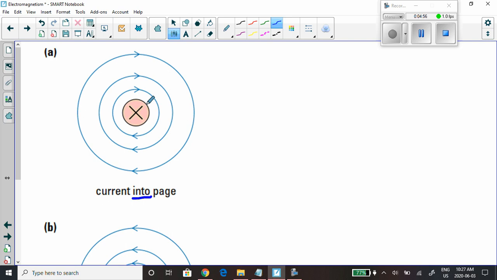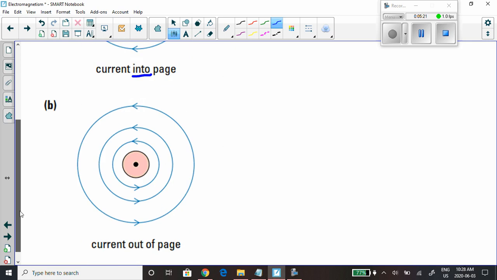And if you take a look at your thumb, now you're using your right hand, your thumb is pointing right into the screen because that's the direction of the current. And look at the direction of your fingertips curling, right? Your fingertips are going to curl, so this is a clockwise direction.